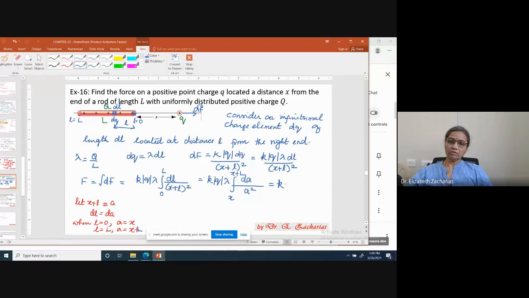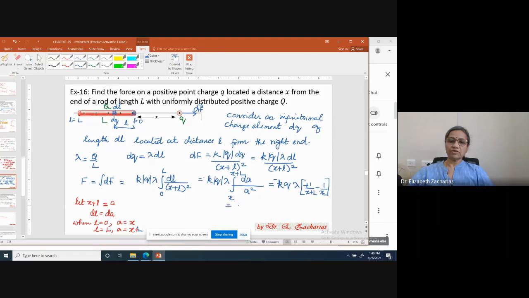So k, q, lambda, then minus, or I will put that minus here. So 1 by x plus L minus 1 by x.